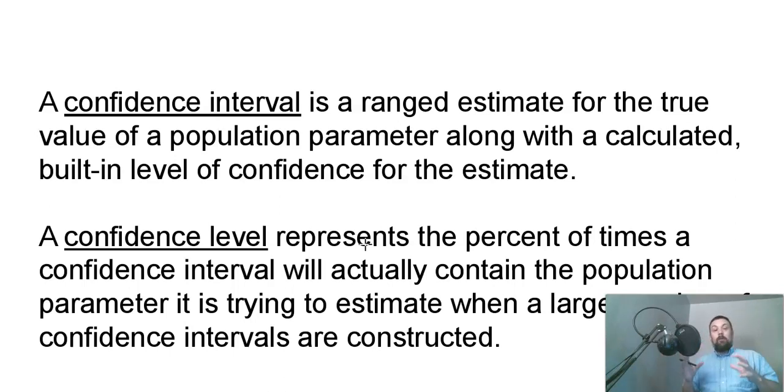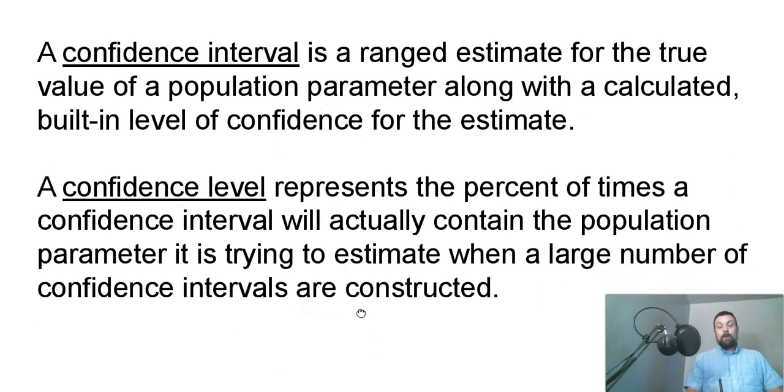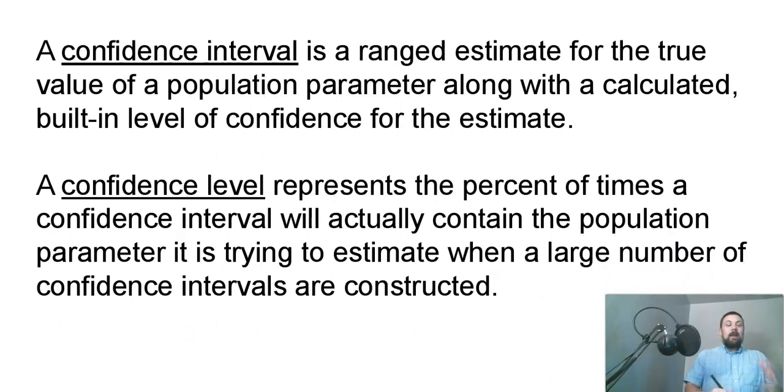How confident we are is called the confidence level. A confidence level represents the percent of times a confidence interval will actually contain the population parameter it is trying to estimate when a large number of confidence intervals are constructed. So a confidence level is really the percent of times we will get a good estimate that actually contains the value that we're trying to estimate.